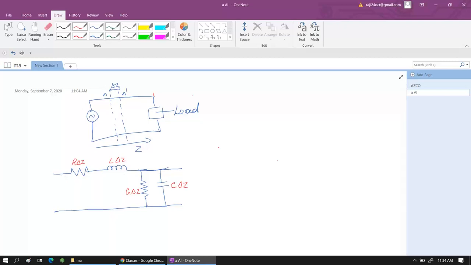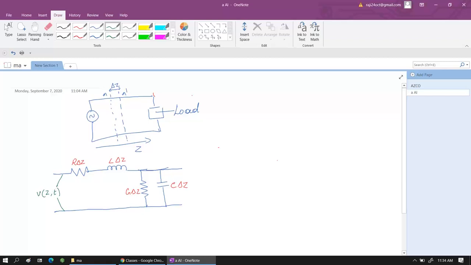Next what we'll do is, I'll consider the voltages. It looks like a parallel circuit, so normally at each and every point we'll get the voltage as constant. Since I have told the components are distributed over here, at this starting point you will get the voltage as, let it be V of Z comma T. Normally we consider the voltage as V of T, right?